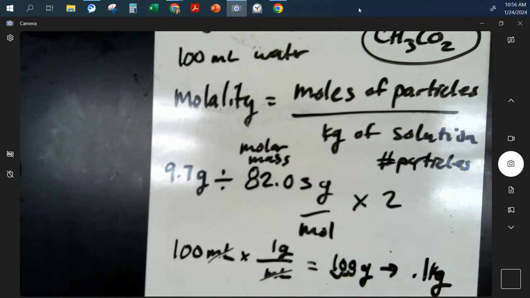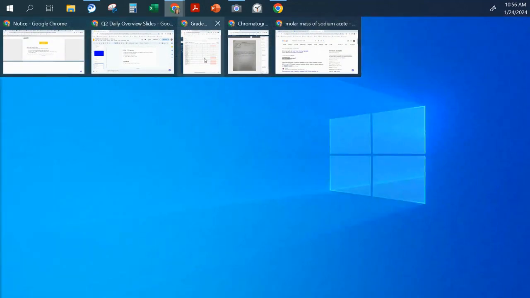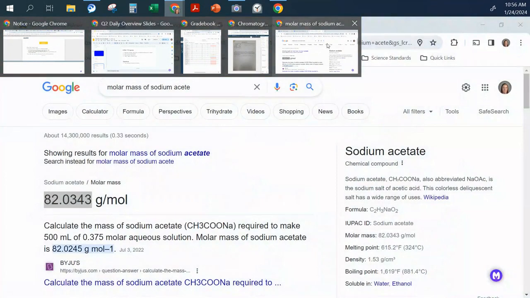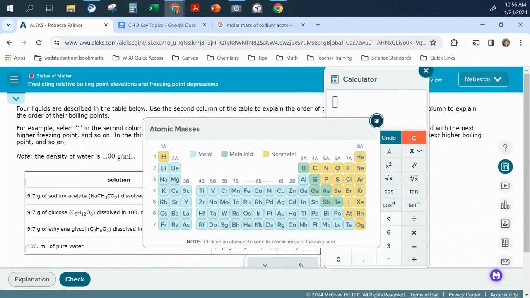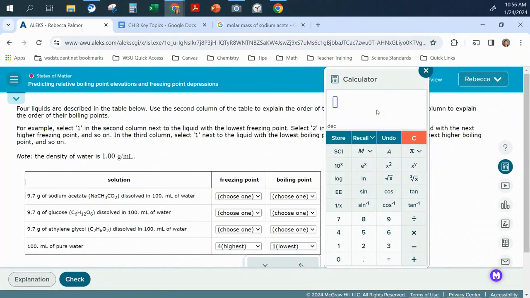Okay, so let's go ahead and plug this into our calculator. So this is our process. We're going to take our number, 9.7, divide by the molar mass, which was 82.03. Then we're going to multiply this number by the number of particles.